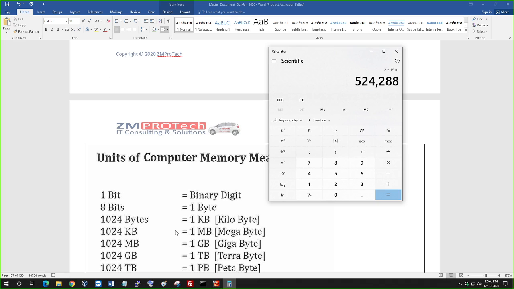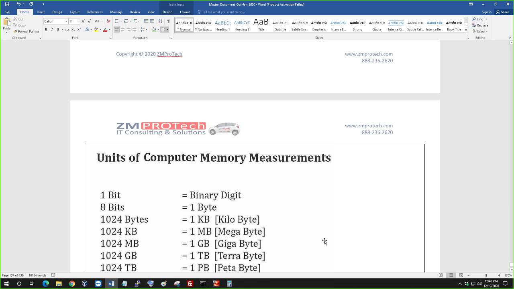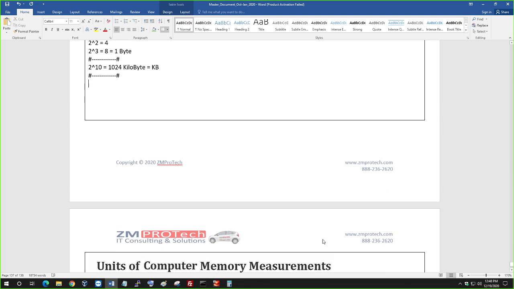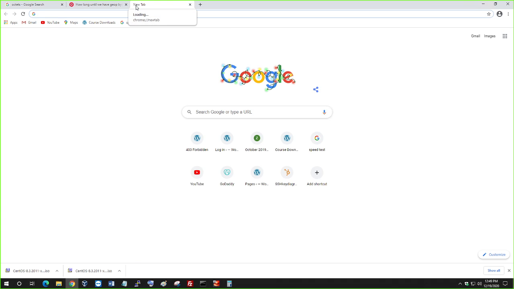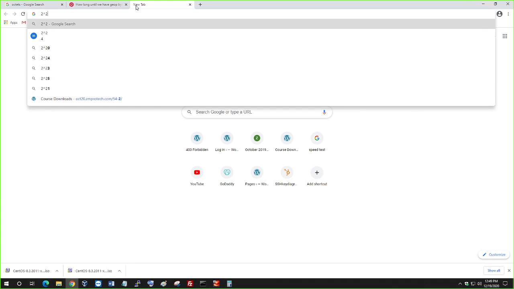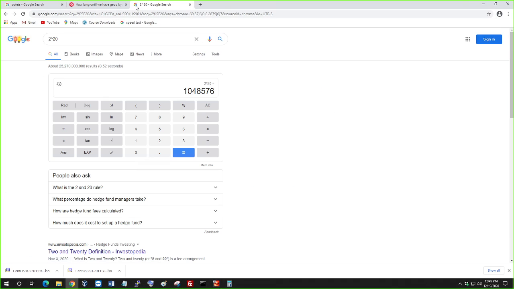No. So 1 megabyte is 2 to the power of 20 equals, I'm going to put it in Google, 2 to the power of 20 is giving me 1048576.